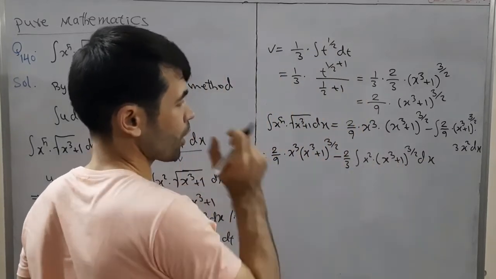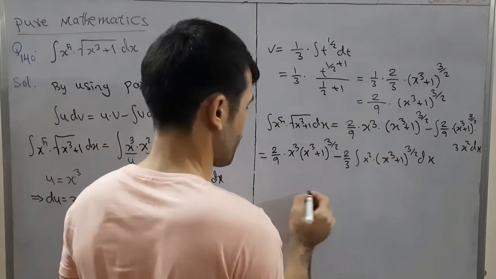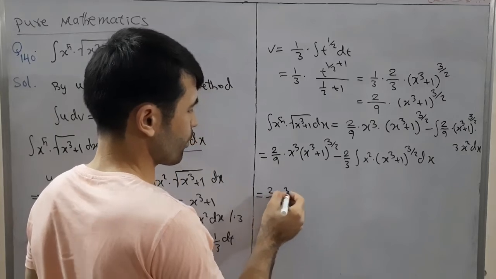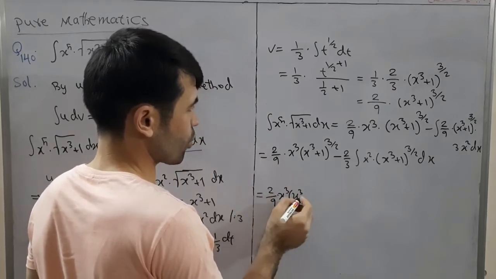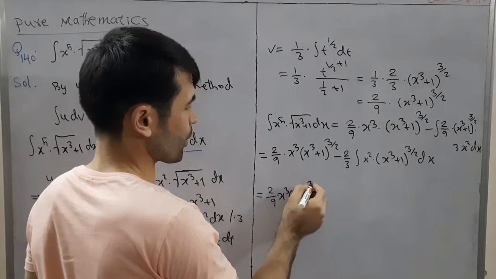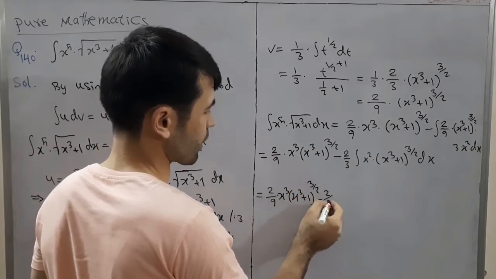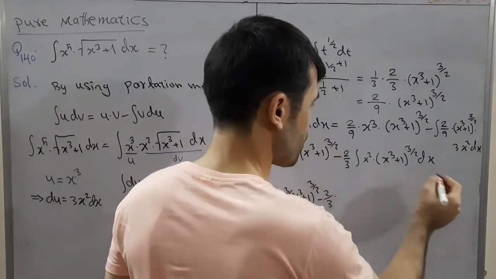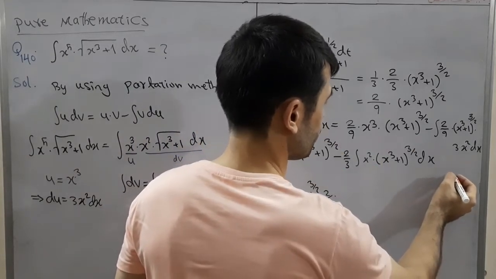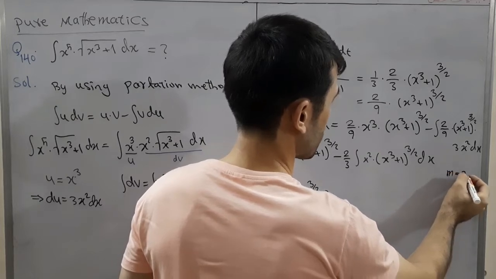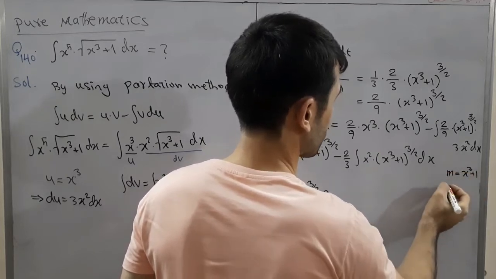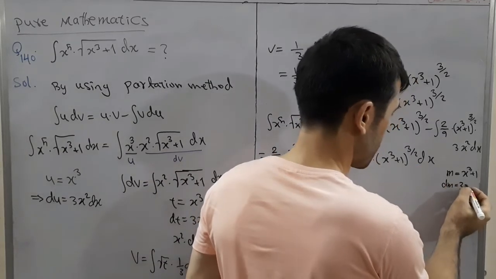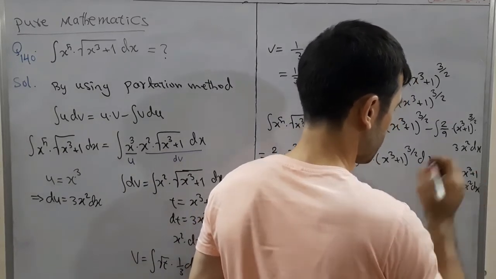Now we want to integrate this term. It is equal to 2 over 9 into x cube plus 1 whole to the power 3 over 2 minus 2 over 3 into, we use m is equal to x cube plus 1, dm is equal to 3x square dx.